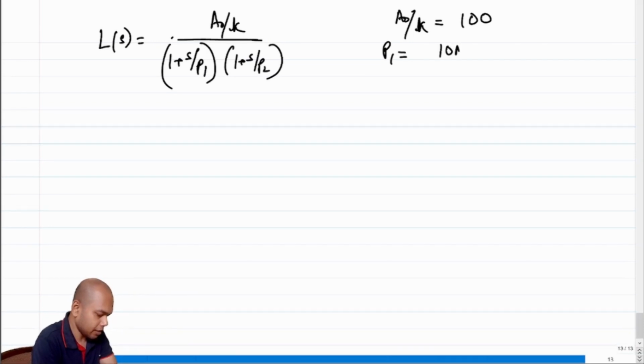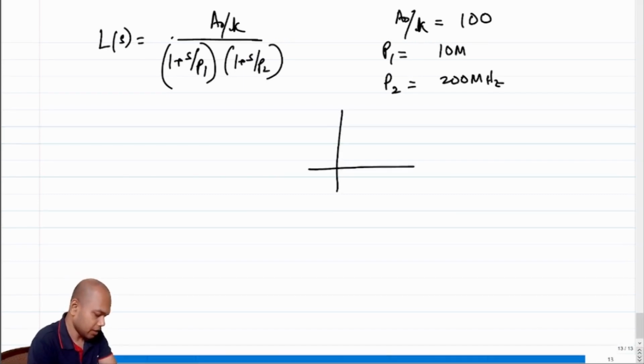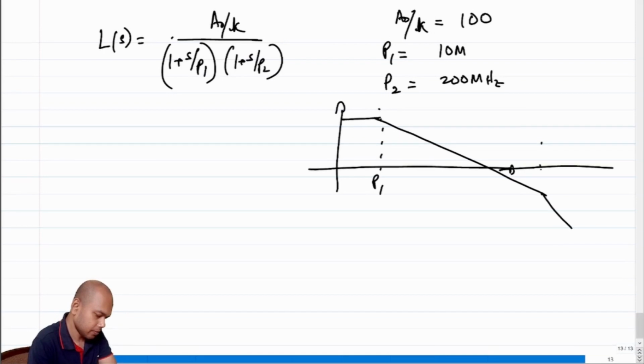P1 let's say is at 10 megahertz and P2 let's say is at 200 megahertz, right? So what is the gain plot? What will it look like? So again, P1 something like this, something like this.